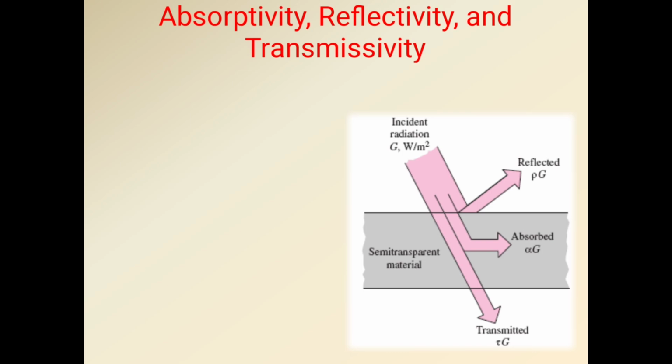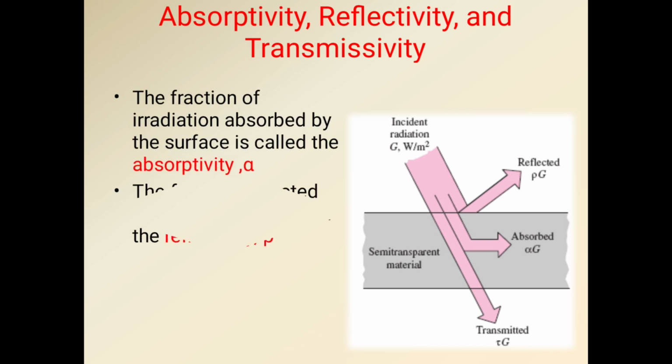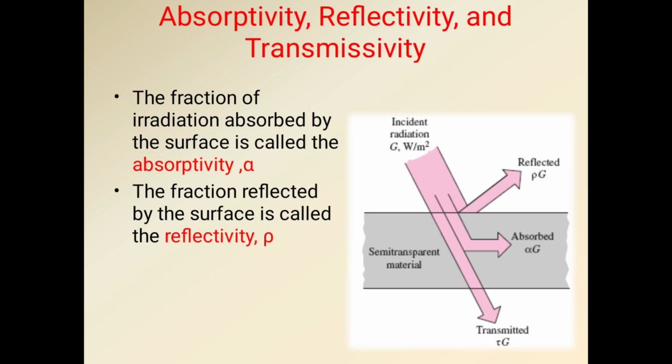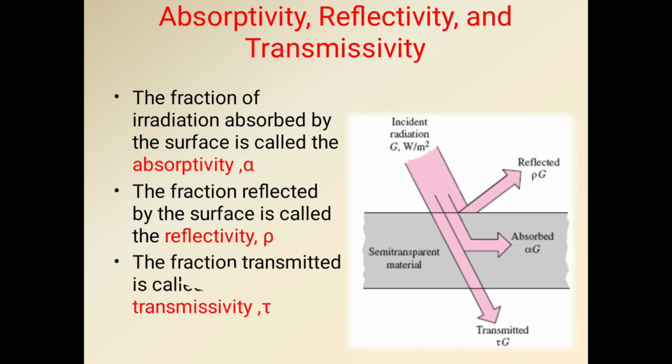The absorptivity, reflectivity and transmittivity. The fraction of irradiation absorbed by a surface is called absorptivity, and the fraction reflected by a surface is called reflectivity. The fraction transmitted is called transmittivity. We can see this clearly in this diagram.